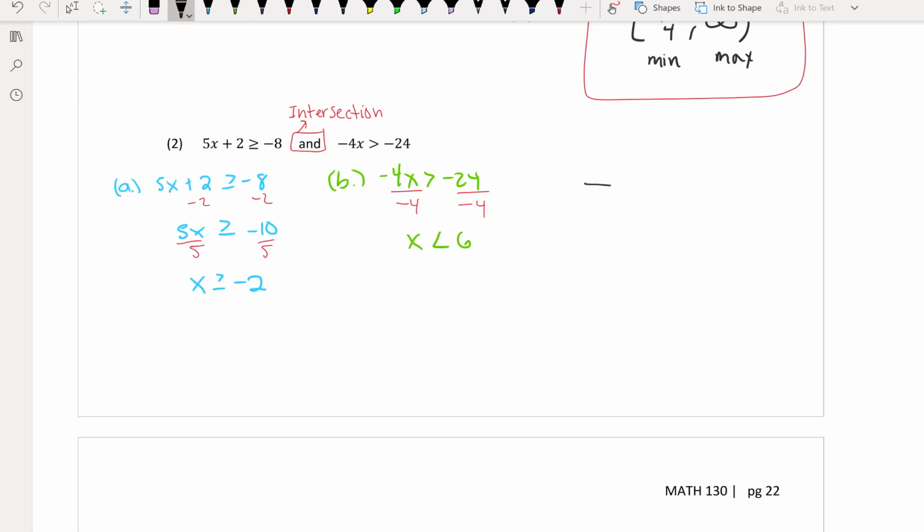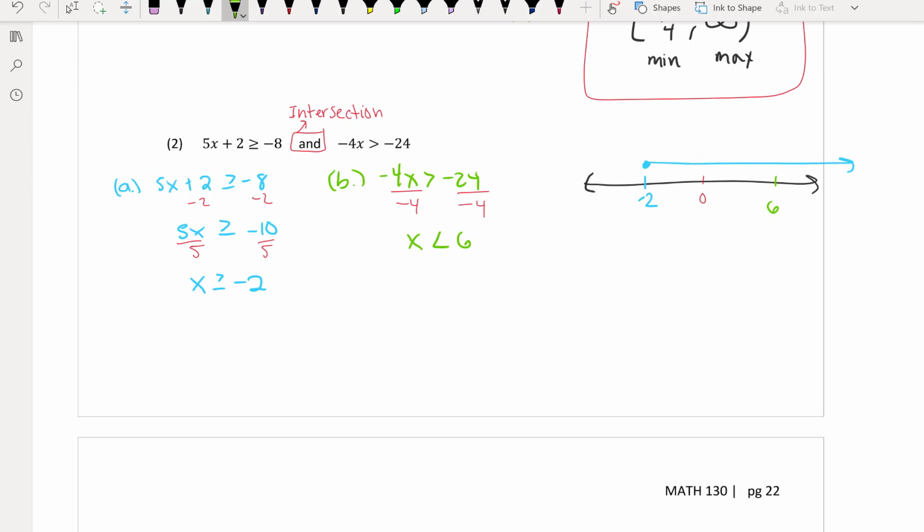Now, I'm a very visual person, so I'm going to draw it out. I have negative 2. I always like to put 0 on these things because, why not? And I have a positive 6. At negative 2, x is greater than or equal to negative 2, so the inequality is going this way.